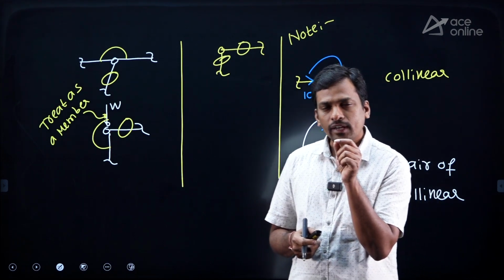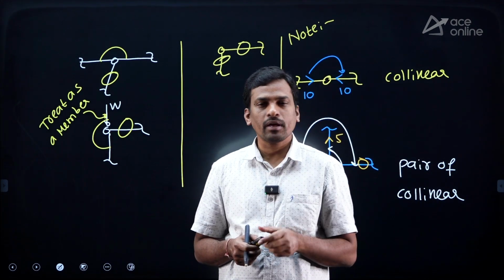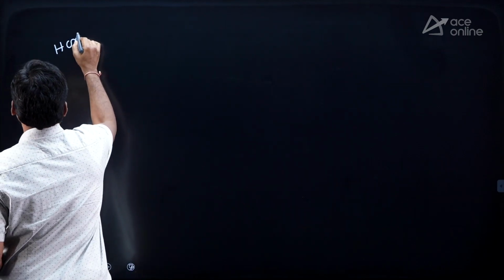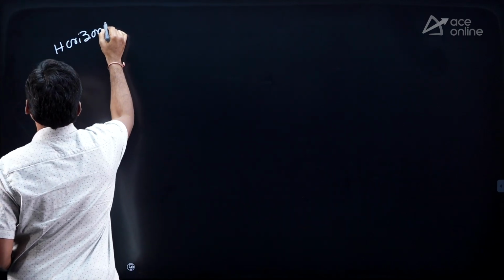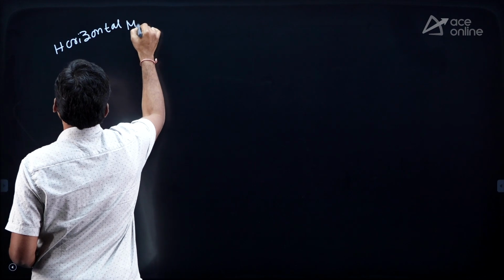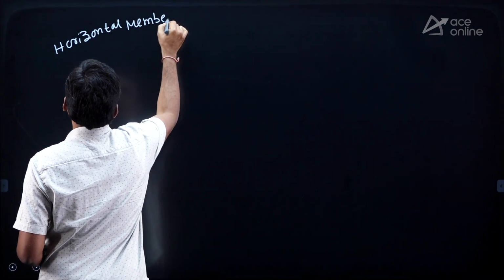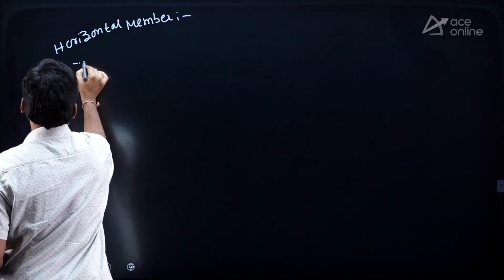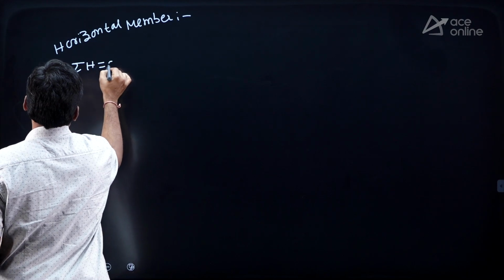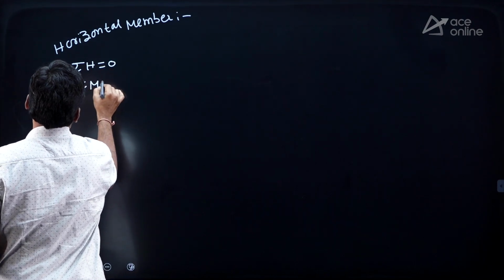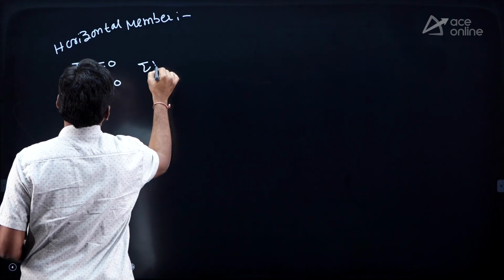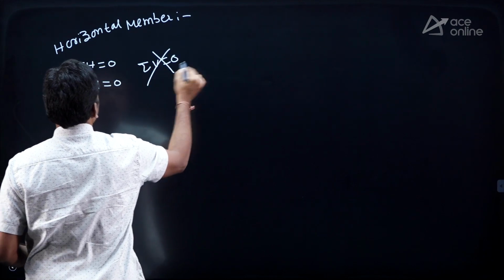And if I ask you to find the force in a horizontal member, the preferable equilibrium equations are sigma H and sigma M. No need to try sigma V, it is a waste of time, it is not possible.